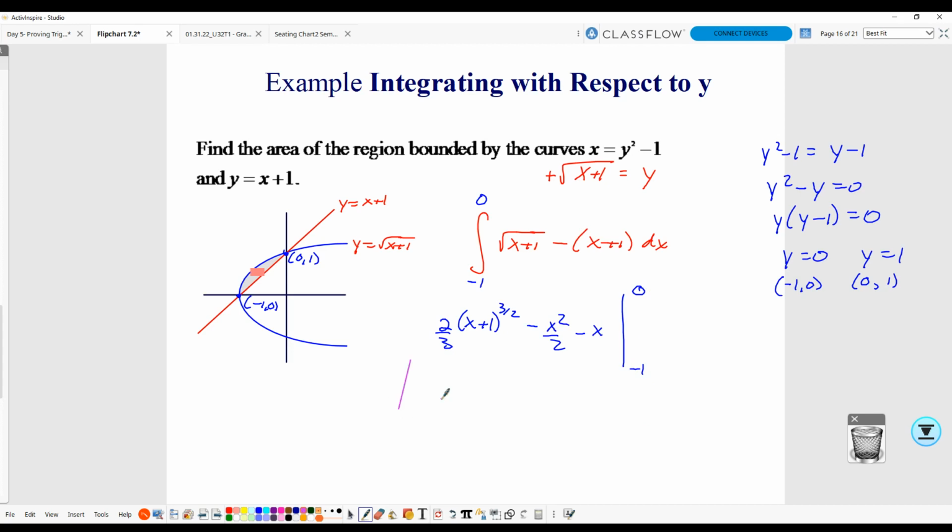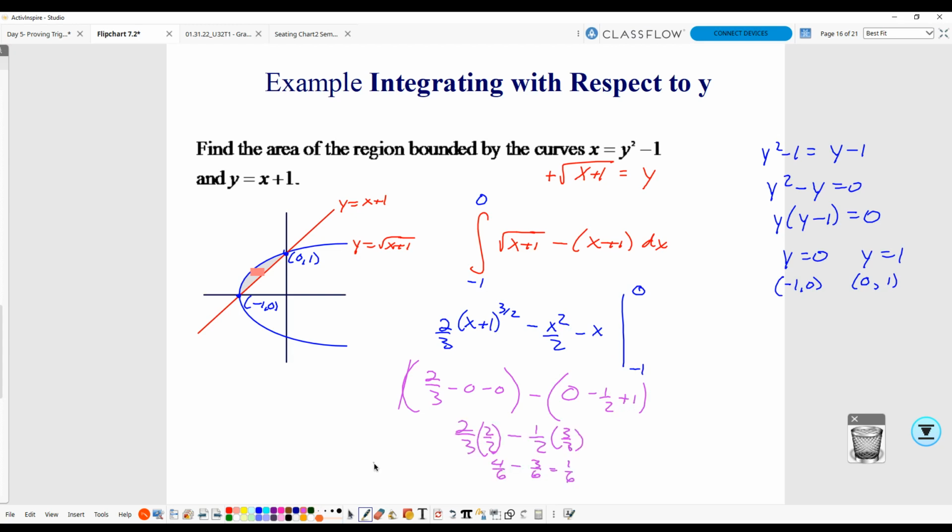Plugging that top value in first, putting in 0. 1 to the 3/2 is 1 times 2/3. Putting in the 0. Now putting in -1. -1 plus 1 is 0. 0 to the 3/2 times 2/3 is 0. -1 squared is +1, but we're subtracting it. Minus a -1.